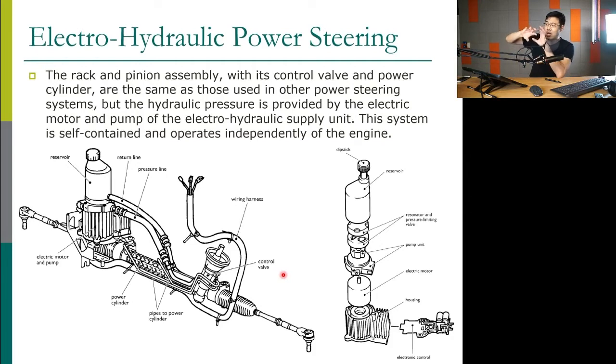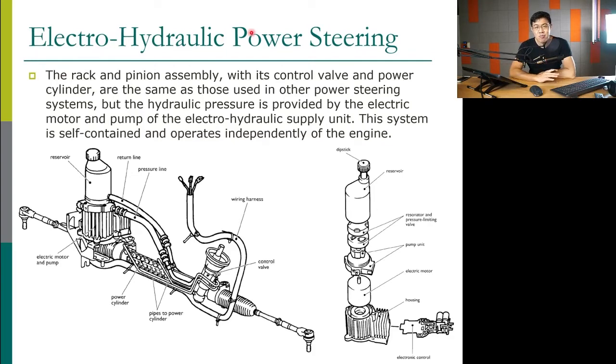Now, if it connects with the engine using a belt, another problem arises because the engine runs at different RPM. So most of the time we run the pump too much, so it takes too much power. So we want to separate the power steering pump from the engine. One way is to use electro-hydraulic power steering.